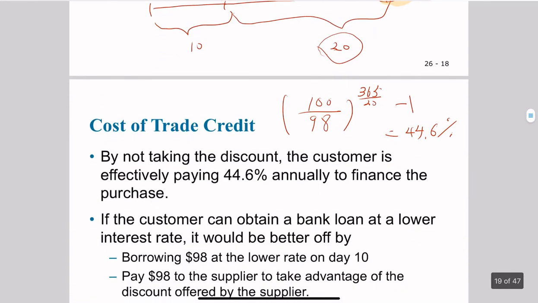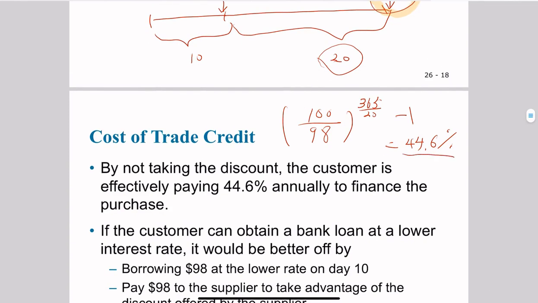So generally, if the customer can obtain a bank loan at a lower interest rate, remember that the annual rate for this is 44.6%. And I'm pretty sure that most likely you will be able to obtain a bank loan at a lower interest rate.